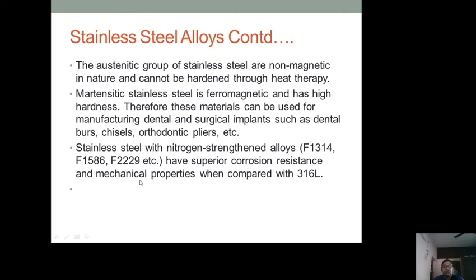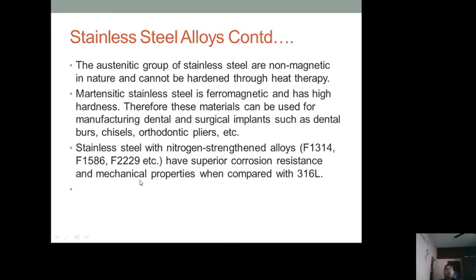Some stainless steels were nitrogen strengthened alloys such as F1314, F1586 and F2229, and these nitrogen strengthened alloys have superior corrosion resistance and mechanical properties when compared to 316L.